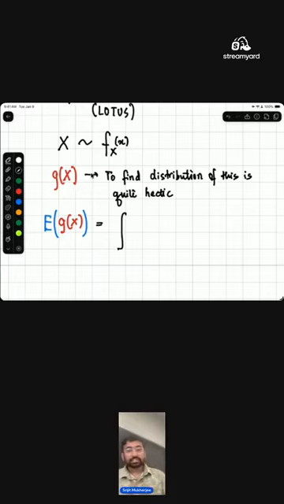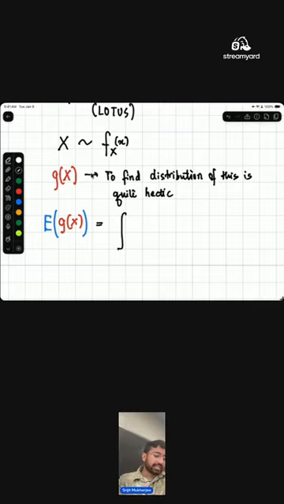So the expectation of this new function g(X): as I said, the density of the new random variable g(X) is hard to find. The way to find it is very easy: just apply the function g(x).